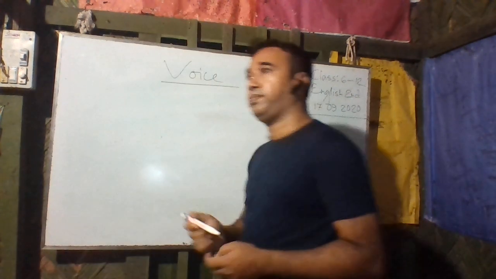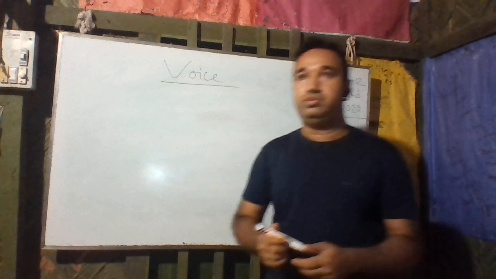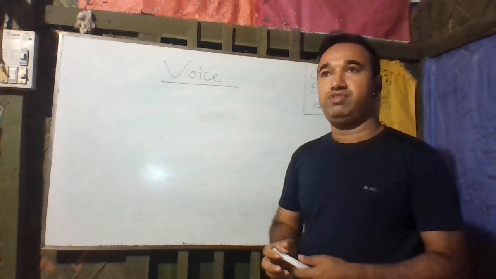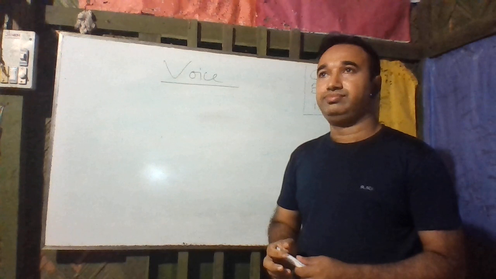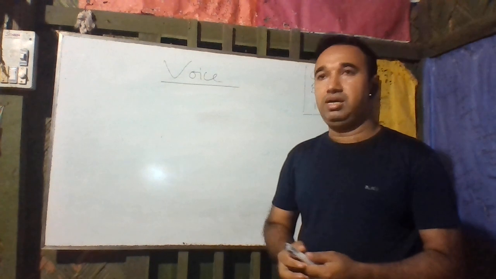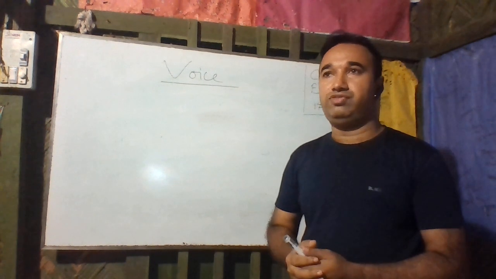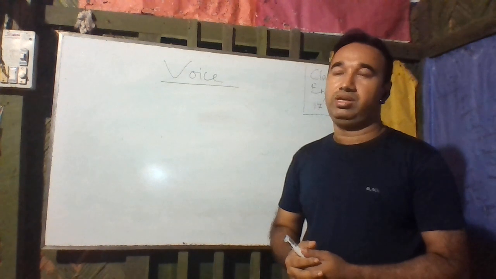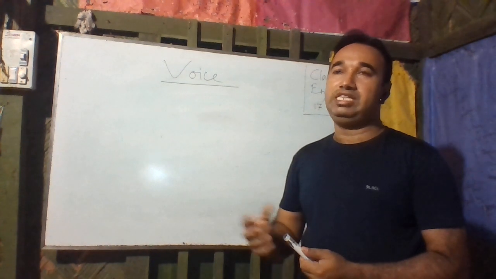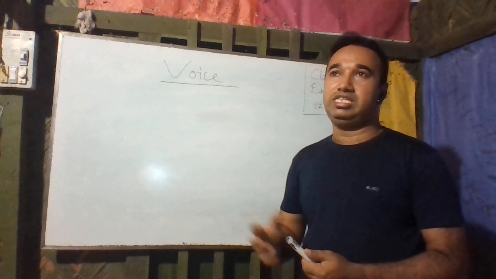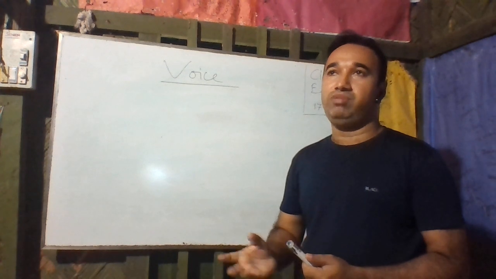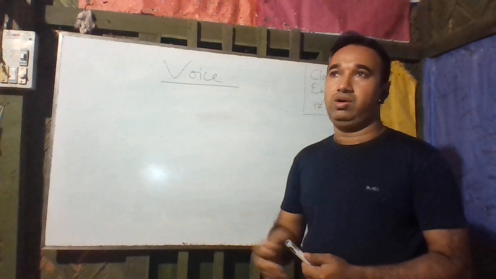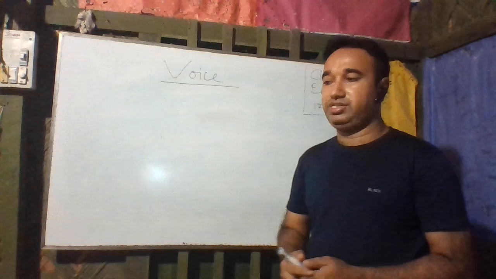Dear learners, do you know what voice is? What is the definition of voice? Actually, voice is the form of verb which shows whether the subject in a sentence is performing the action or something has been done to it.